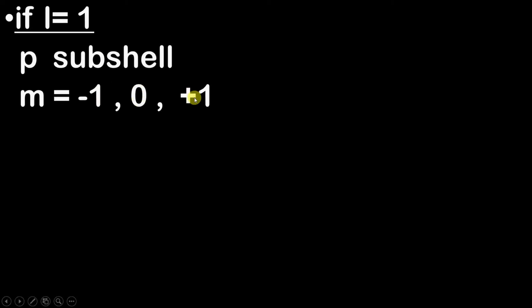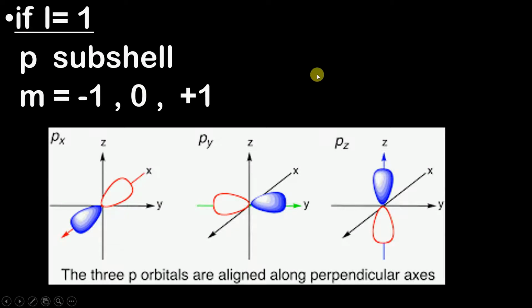Now since there are 3 values of m, therefore P subshell will contain 3 orbitals, and these are those 3 orbitals: Px, Py, Pz. Now why is it being named as Px? Because this orbital is lying on the x-axis, whereas this p orbital, that is this p subshell, is lying on this y-axis.